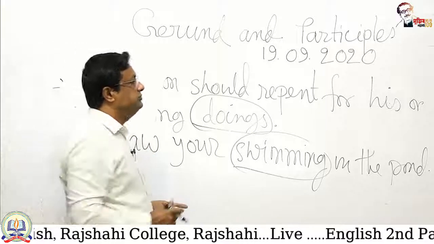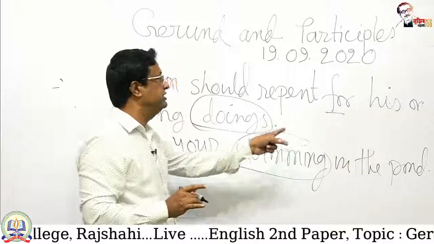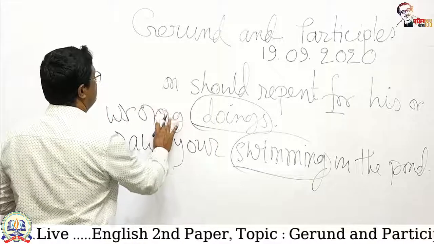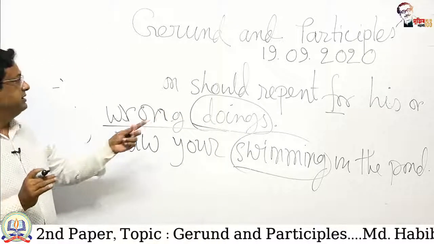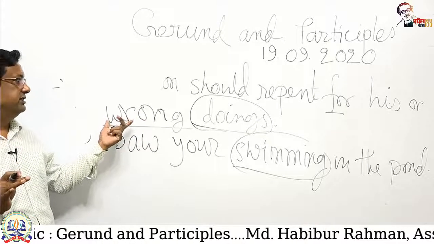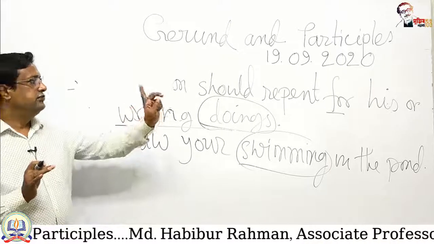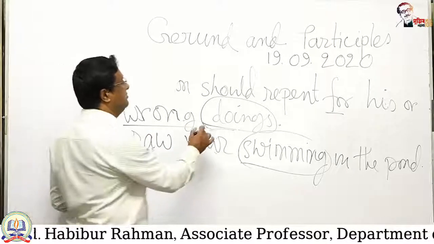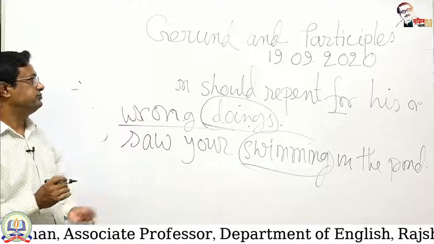So it comes in a prepositional phrase. For is a preposition and wrongdoing. So this is a prepositional phrase, for his wrongdoing or for her wrongdoing. In this phrase the head word is for, that is why it is a prepositional phrase, and our other main word is doings, and the modifier here is wrong.